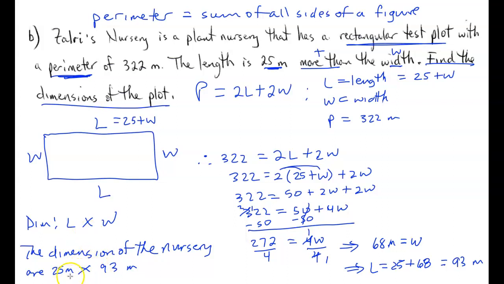Oh, sorry, 68 meters by 93 meters. And put a period there. Okay. And so that's how we deal with that type of problem. So we'll go ahead and move on to the next example.